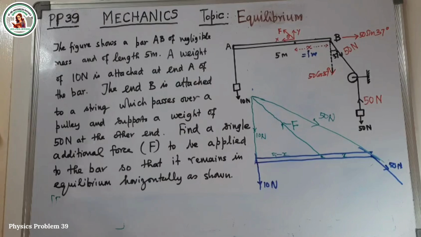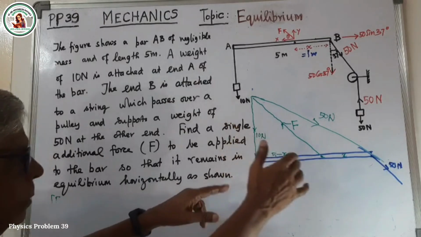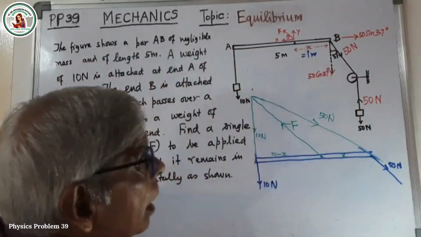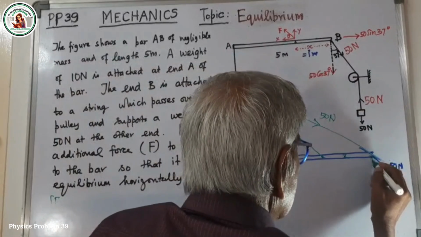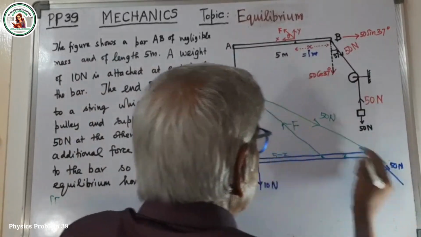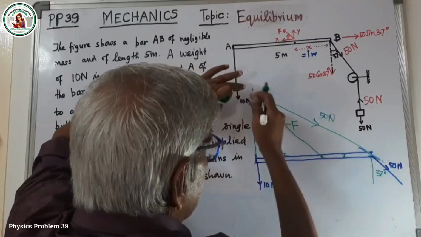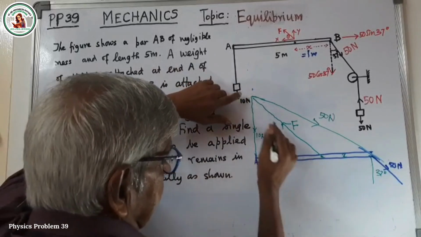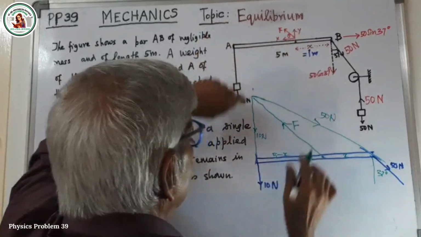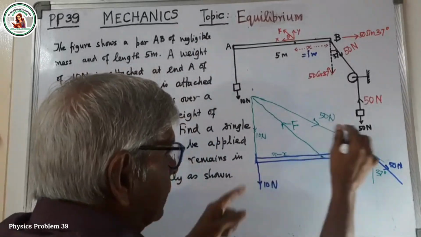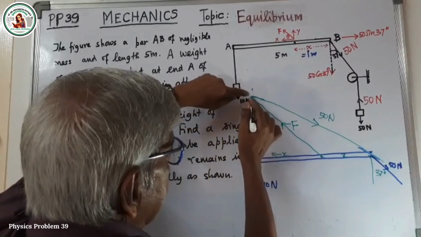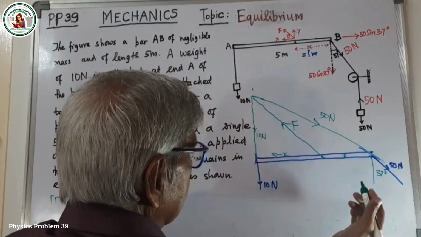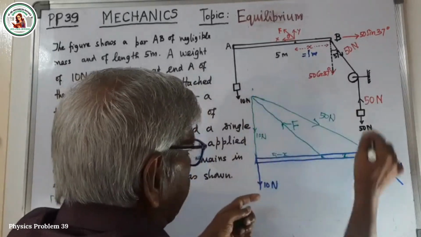Now you can see the vector diagram on the board. 50 Newton making this angle of 37 degrees. So you produce the 50 Newton up, and the 10 Newton also up. Then the force that is going to balance these two forces is given by this line F. If you are good in geometry, you can try this with this triangle also.